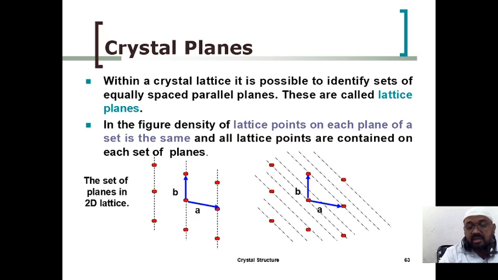Then we will incident the beam in order to study the structure. So where is that concentration of atoms, molecules or ions? How can I get that particular value? Mathematically, crystal planes or crystal directions will give me the idea regarding the concentration of the atoms.